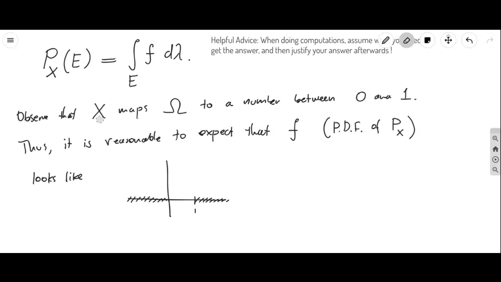Because X, our random variable, will produce a random number between 0 and 1, but it cannot produce anything beyond 1 or anything that's negative. So this PDF should be 0 here and 0 here.